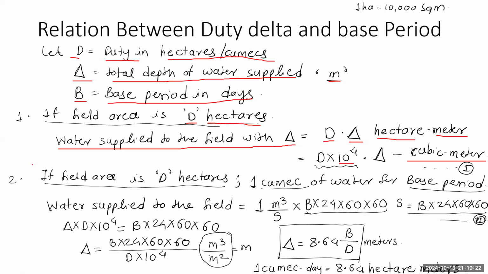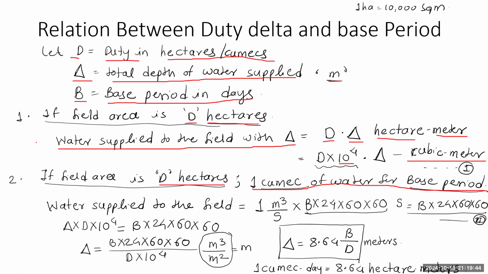Now consider the second equation. Here, the field area is D hectares, similar to the previous case, and assume that 1 cumec of water is supplied during the base period.